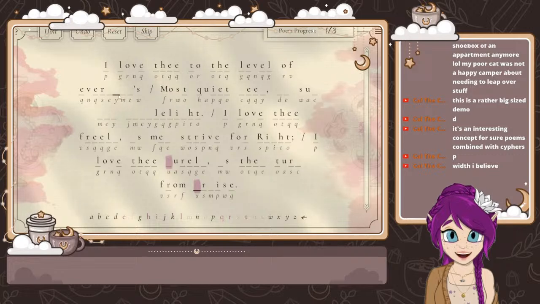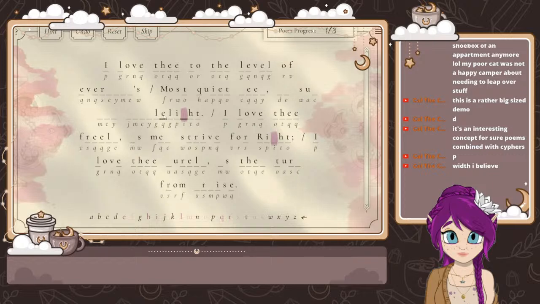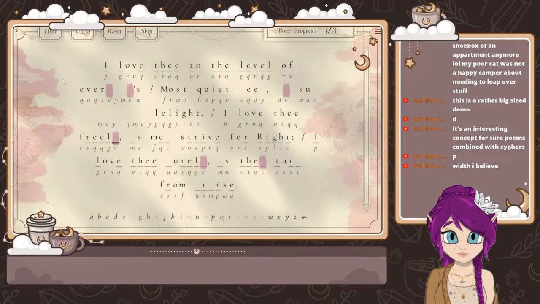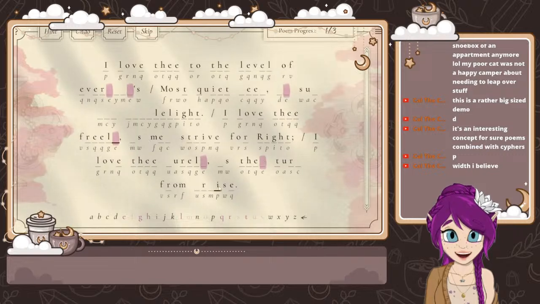No, I already used the R. Right. This one's right, so that's a G. Every. I love thee to the level of blank.